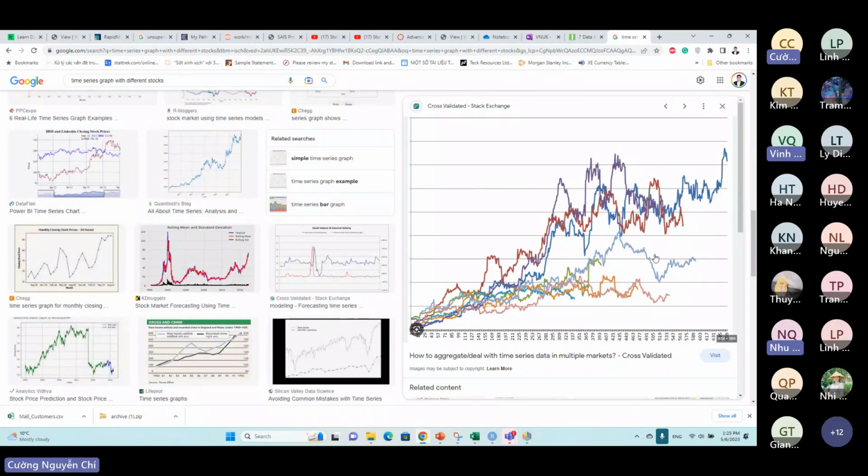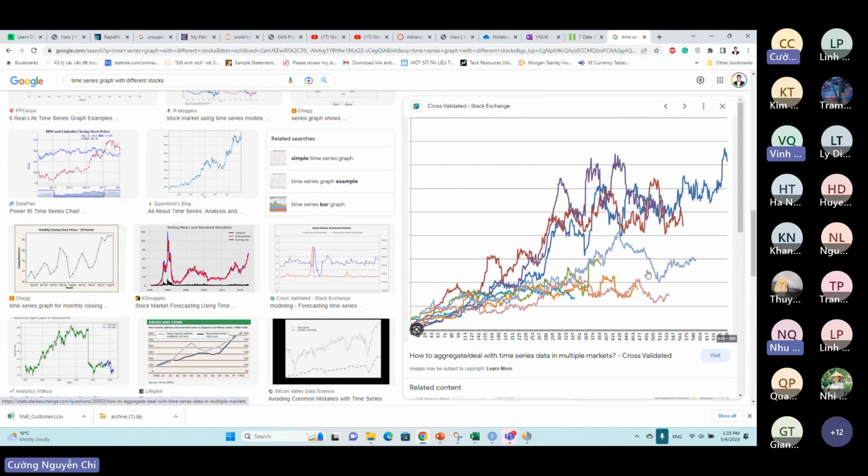What happens if we normally do it on a platform with hundreds of different stocks? Say 100 different stocks, and there would be 1,000 or maybe 10,000 data points like this one.